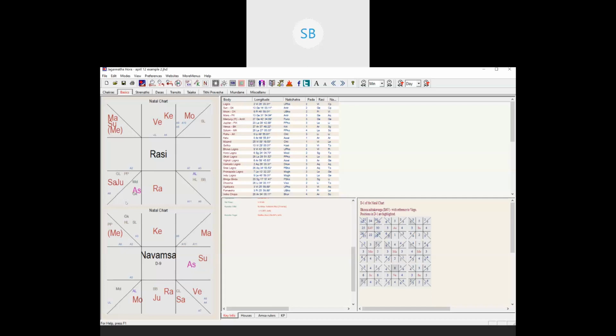Yesterday, when I was talking about analyzing a particular horoscope, the first part is looking at the Rasi Chakra and the Navamsa, and then coming up with which planet is giving him a lot of success. The second thing is whether that planet's Dasa will come into his life or not.